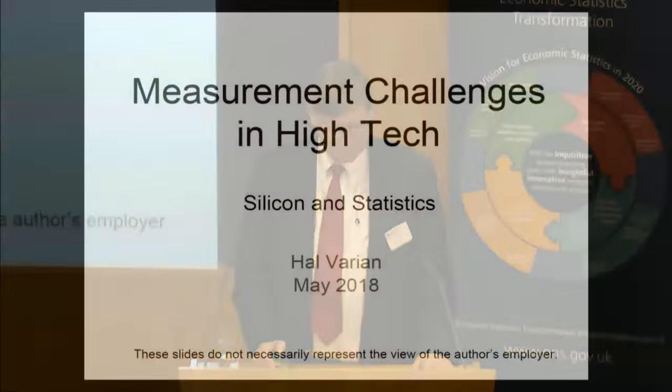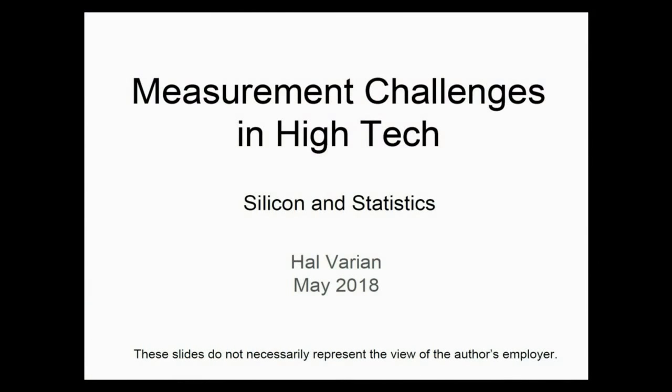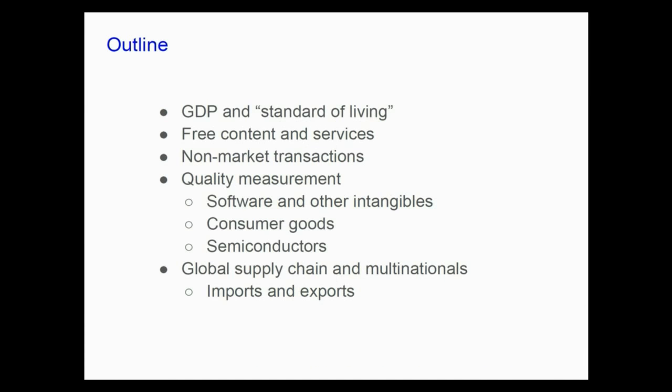I want to talk about measurement challenges in high tech. I once called this a view from a valley, but then somebody said, well, view from a valley is not very good. So maybe we'll do silicon and statistics as the subtitle. So I'm going to talk a bit about GDP and standard of living or welfare measures.